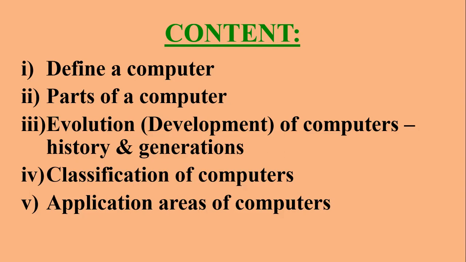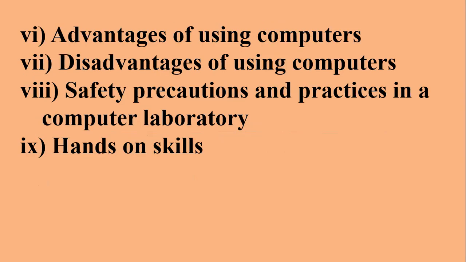We shall also look at the classification of computers, the application areas of computers, the advantages of using computers, disadvantages of using computers, the safety precautions and practices to be observed in a computer laboratory, and finally, we are going to look at some of the hands-on skills that a learner should be able to execute.